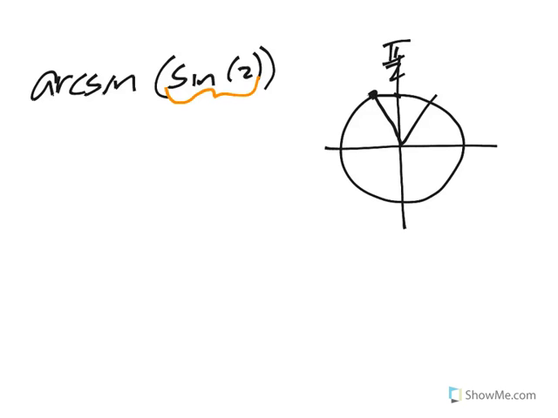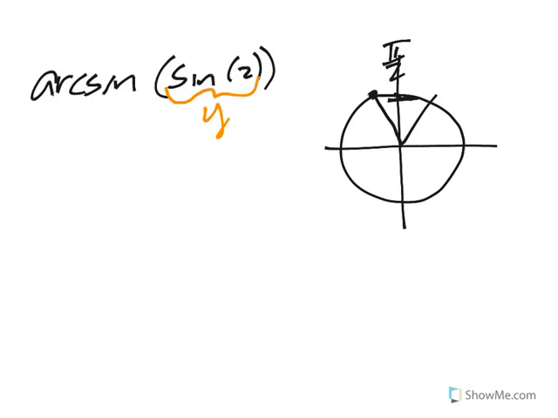I don't really know what sine of 2 actually is, but whatever that is, that's the y-coordinate right there. It's kind of big-ish, and so I don't know what to call this. Maybe let me call that y, because it's some y-coordinate.